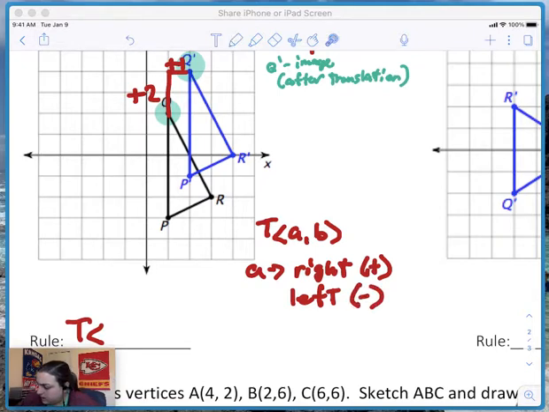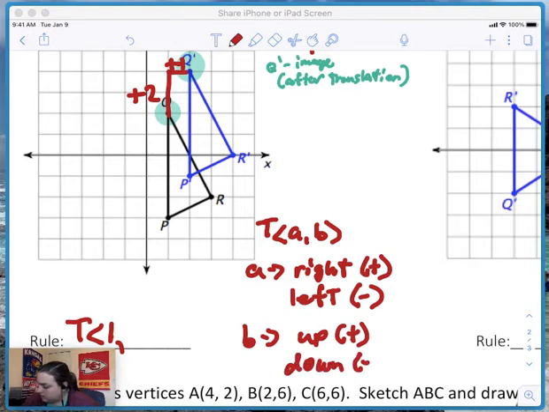Here I went over 1, so my A value is going to be positive 1. And remember your B value is up, positive, down, negative. Here my B value, I went up 2, so that's positive 2.